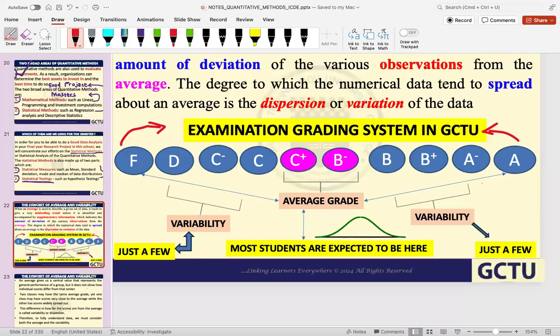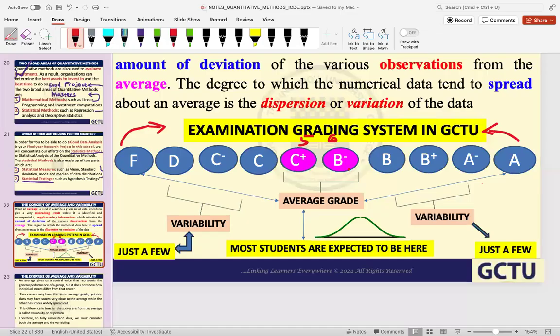So you see that just like we had the 5 and 6, you come and lock up between these two. So it means that the average grade in the school is either C plus or B minus.